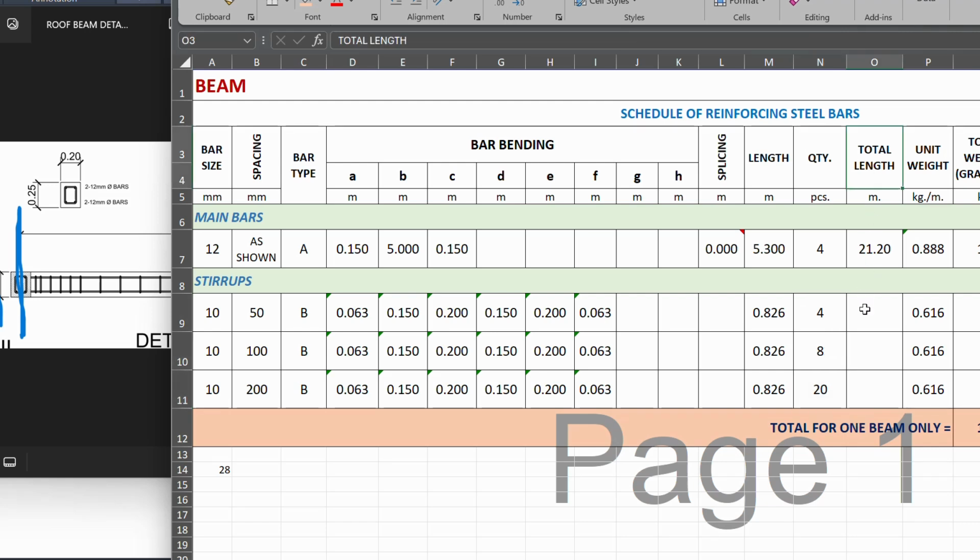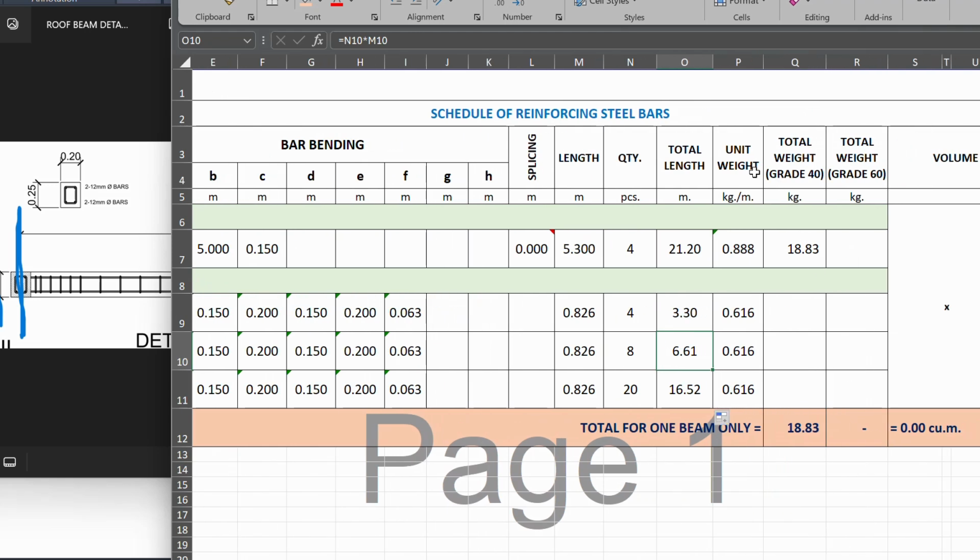So this is it. The total length again is just equals quantity times the length. That's it, and you can just drag down. And then the unit weight for 10 mm is this. So total weight, it's 10 mm, grade 40: equals this unit weight times the total length.